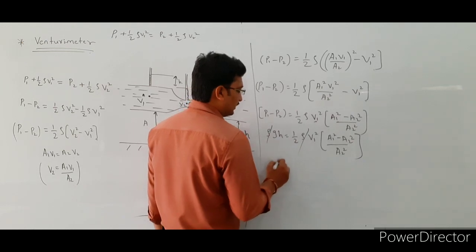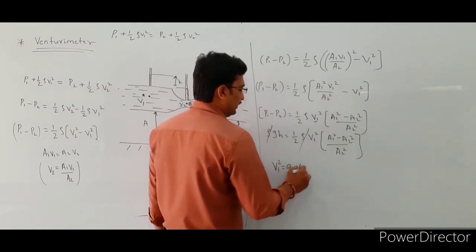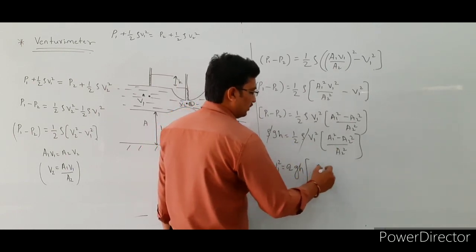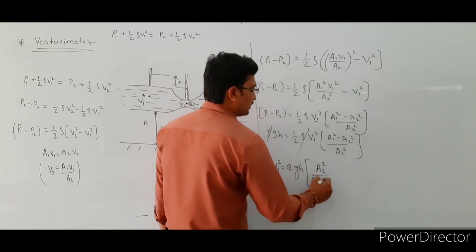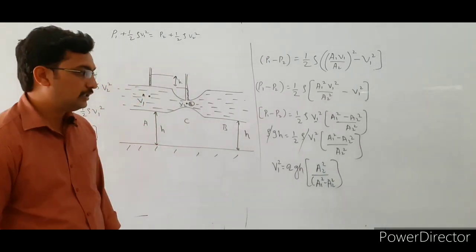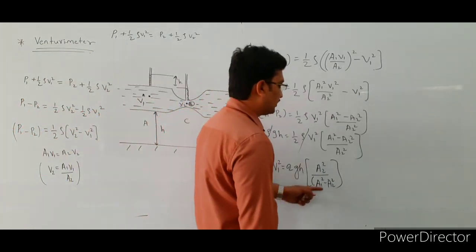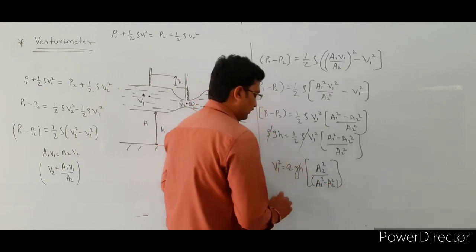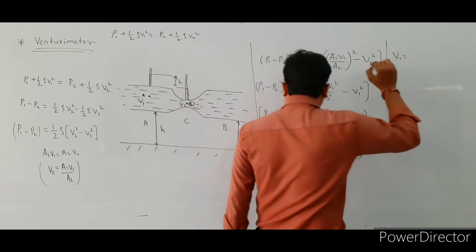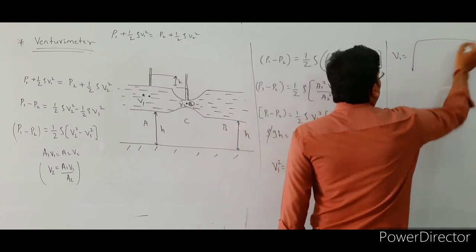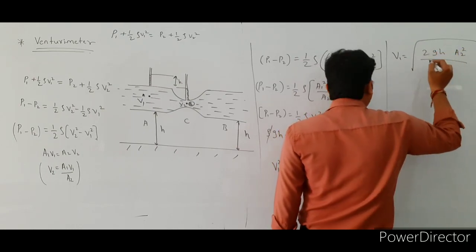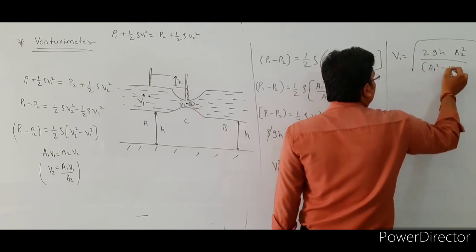So V1 square is equal to 2GH, take this term to this side, that is A2 square divided by A1 square minus A2 square, right? So V1 square is 2GH bracket of A2 square divided by A1 square minus A2 square. From this relation V1 is equal to the square root of 2GH into A2 square divided by A1 square minus A2 square.